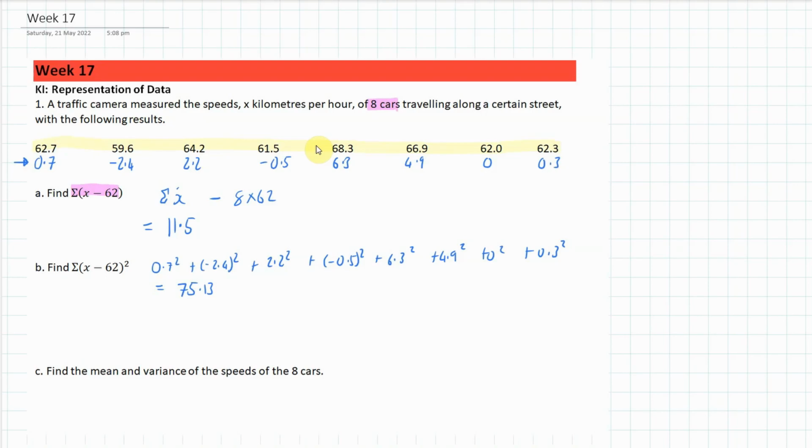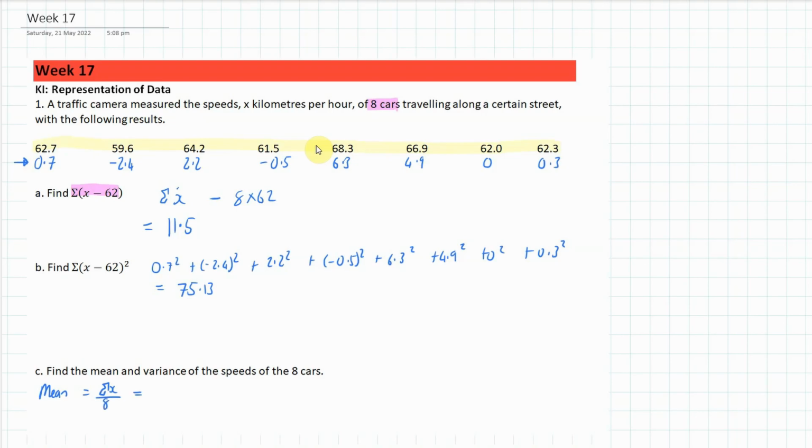Now the next part of the question is to find the mean and the variance of the speeds of the 8 cars. For the mean, we can say the mean is equal to the sum of x divided by 8.